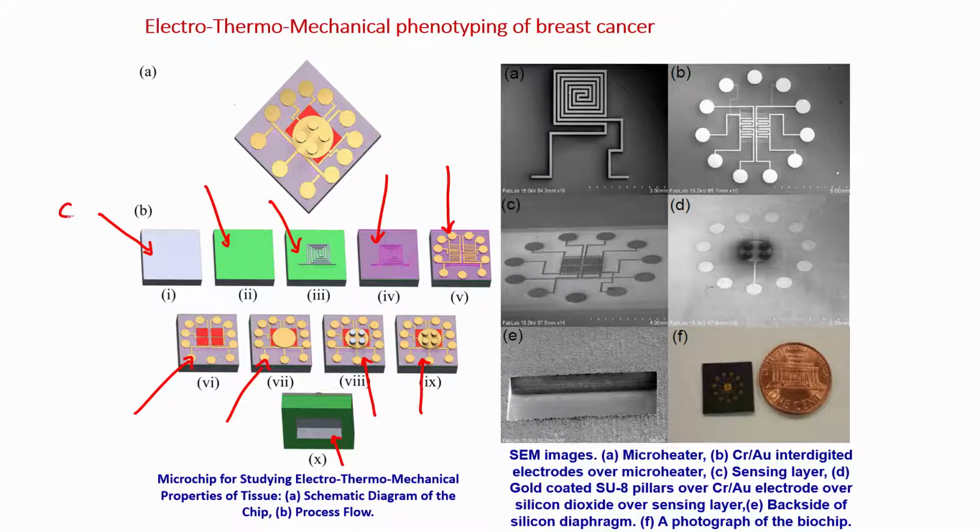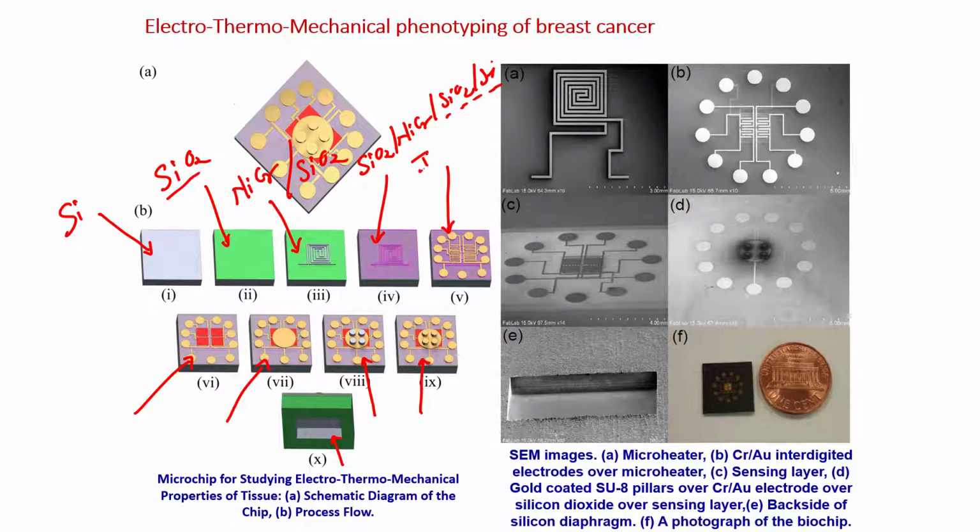So, I will write down here silicon, silicon dioxide, nichrome heater on silicon dioxide, then silicon dioxide on nichrome, on silicon dioxide on silicon, this thing you understand, okay. I am not writing every time.